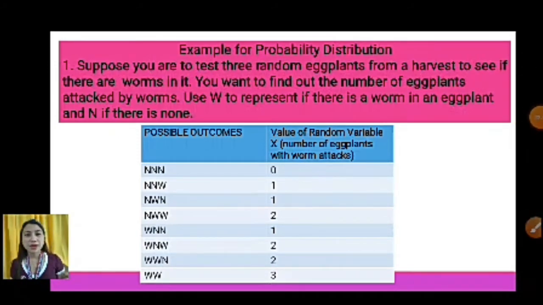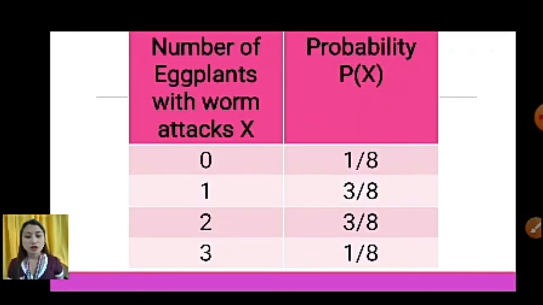So students, the table being shown clearly shows that there is a total of 8 possible outcomes with 4 distinct possible values of X. Let's proceed with the other table. In this table, there are 8 possible outcomes and only 1 of them had no worm at all.